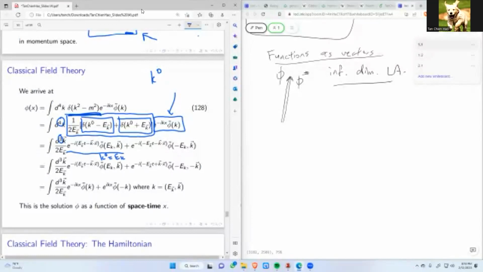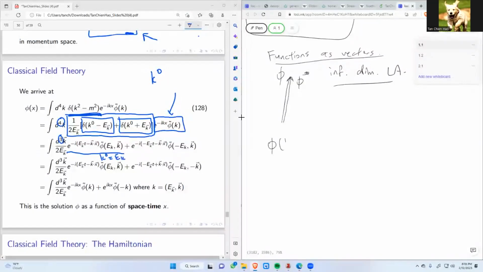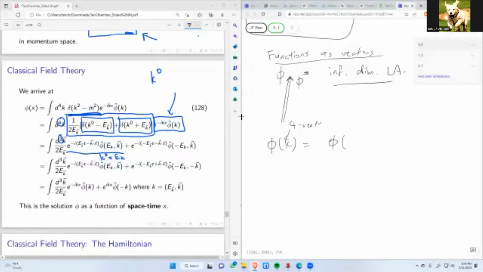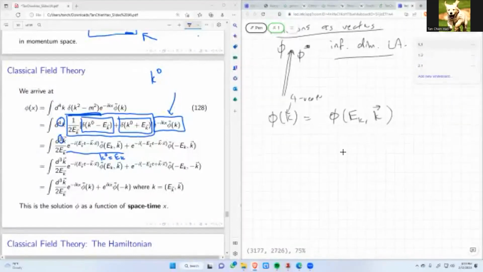So phi of k, which was the 4-vector, now becomes phi of e_k and the k vector spatial components.